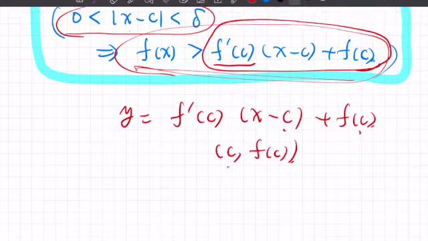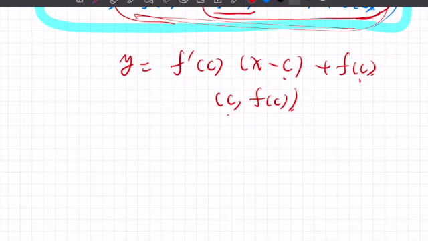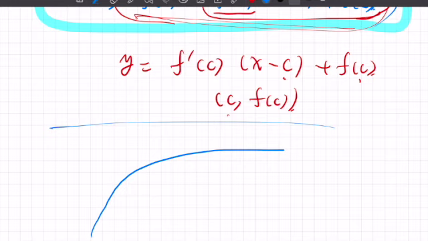And similarly, we define concave if the tangent line is above the function, or the function is below the tangent line. So intuitively, that's this case. We have a function like this, and let's say this is C, and the tangent line is this.